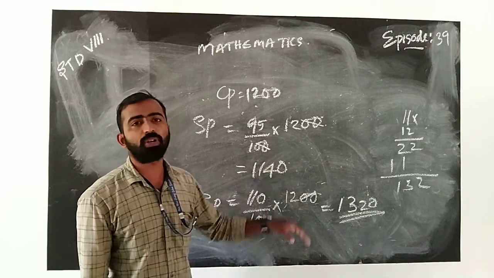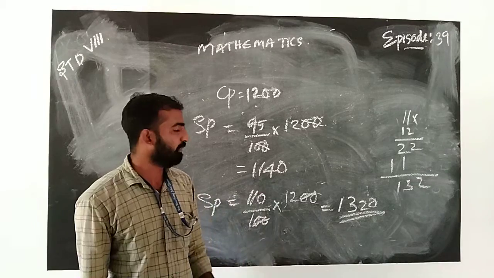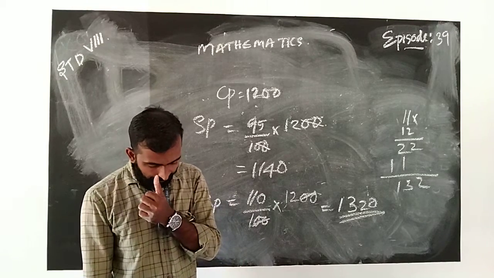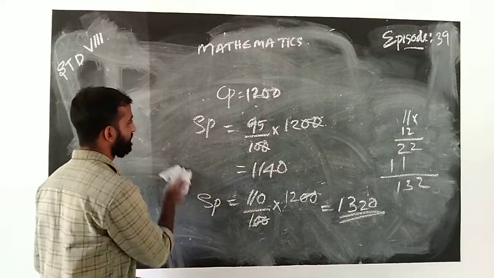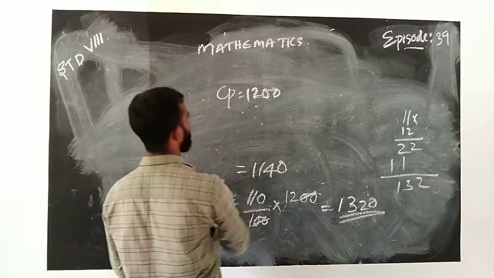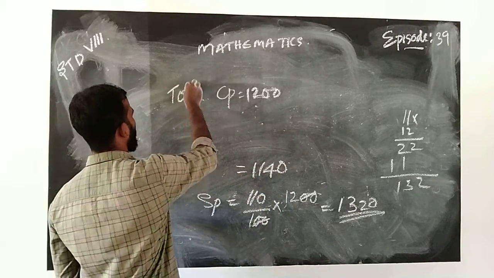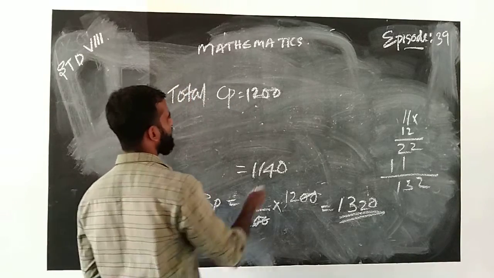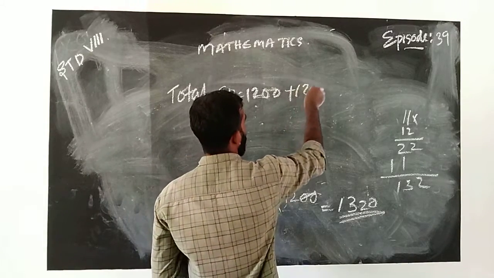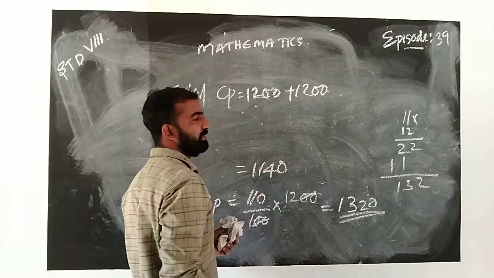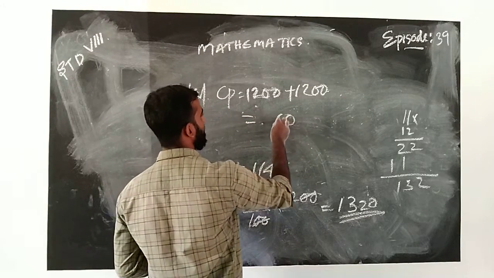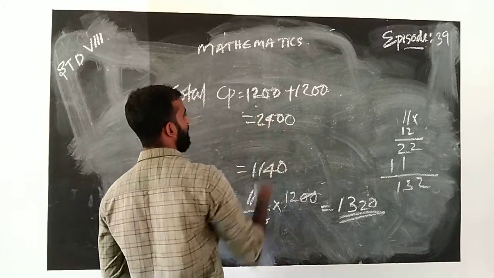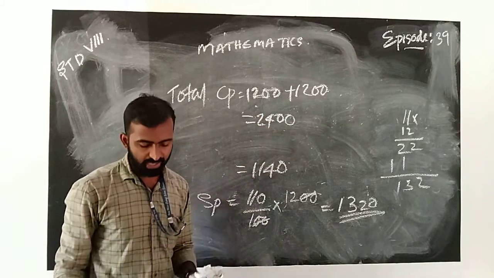When we take the total CP, it is 1200 plus 1200, we get 2400.